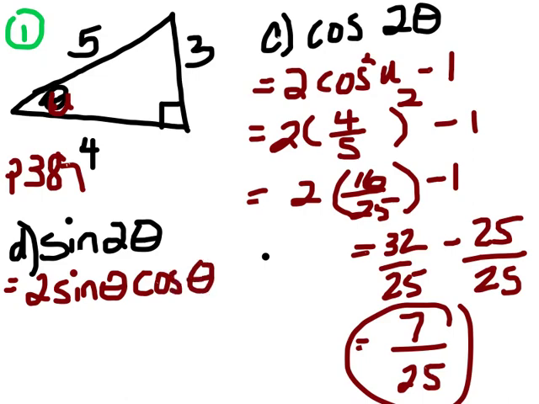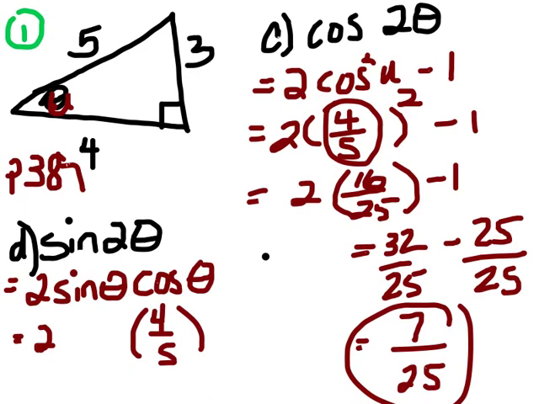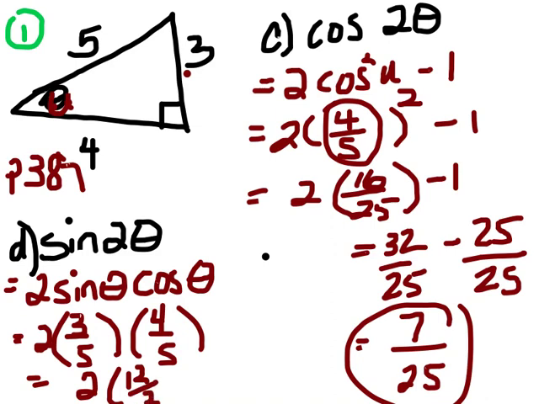We just said that cosine theta was 4/5. We found that on the C part. What's the sine of this angle? 3/5. So that's going to be 2 times 12 over 25, which is 24 over 25. So that's not too bad, is it?